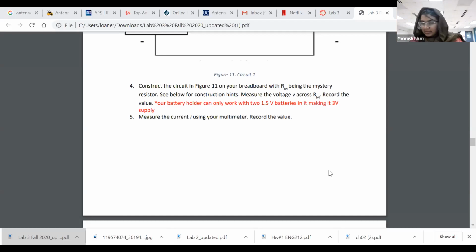Okay, so I'll not connect the batteries again. This is the battery, and I'll put it there. Okay, so they are connected now. And now I will do this.